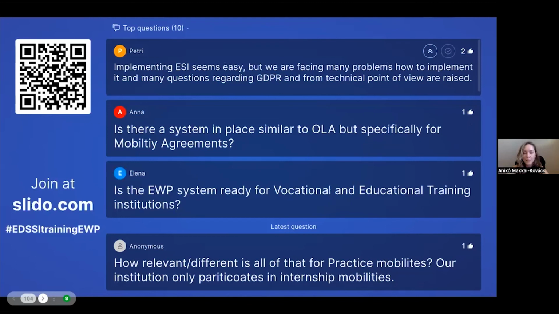Implementing ESI seems easy, but we are facing many problems in how to implement it, and many questions regarding GDPR and the technical point of view are raised. If there are questions about ESI, feel free to contact the EDSSI project, the contact page, or the My Academic ID help desk directly, and we will be able to answer your specific questions. I do not see issues with the GDPR since it's eduGAIN compatible, which is a worldwide system.